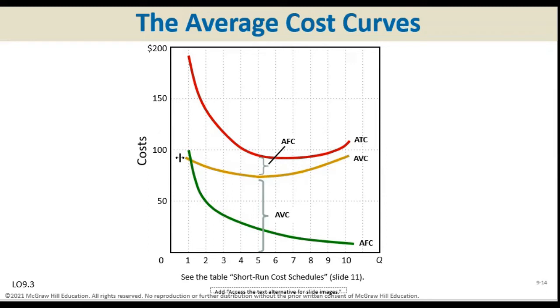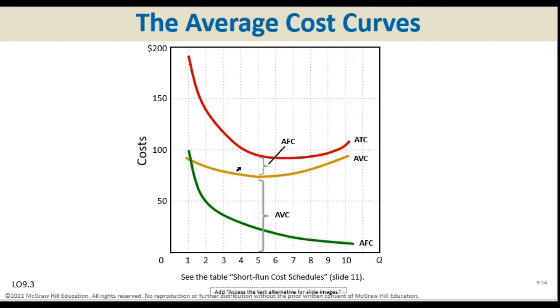Why? Because initially this decrease in the average variable cost is due to increasing marginal returns, right? Because you keep producing more, and compared to the cost, you're getting more product out of it by incurring those additional costs.